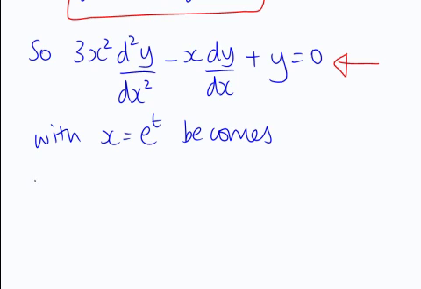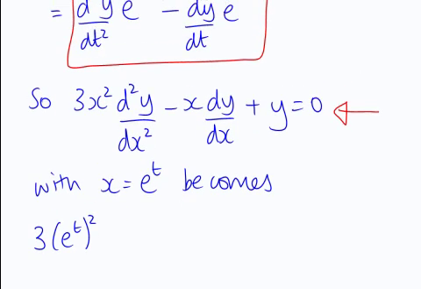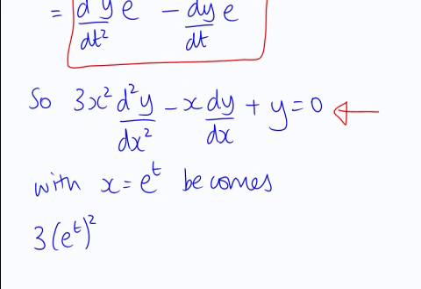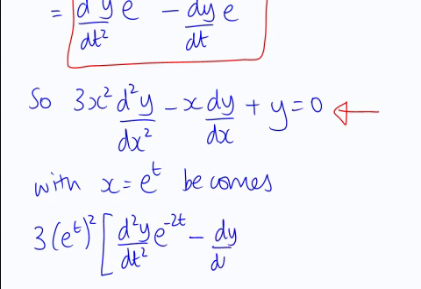So what I have first is 3, then I have x squared, and then instead of d2y by dx squared I've got what's just disappeared off the top of the screencast, but I've got it written down by the side here. What I had was d2y by dt squared e to the minus 2t, and then a minus dy by dt e to the minus 2t.